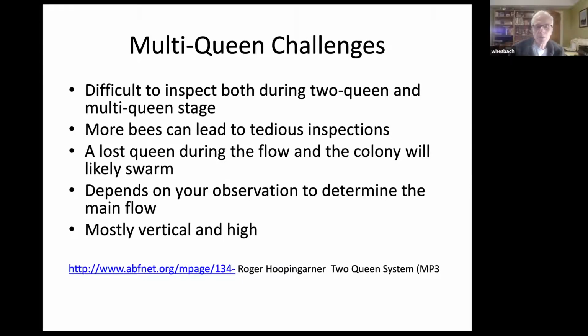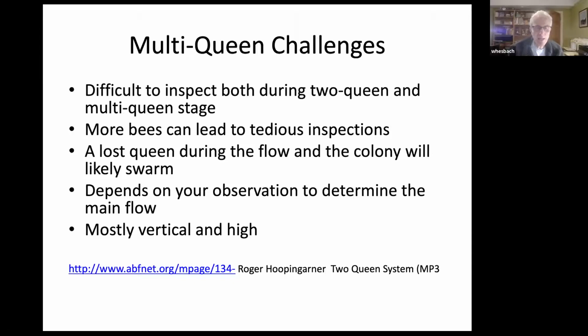More bees lead to tedious inspections, more stings, of course. It's hard with a lot of bees. I don't know if you guys have really robust colonies. This was a good year for robust colonies in my area. We had really high populations, 35, 40,000 bees, maybe even 50 in some colonies that were just single queen colonies.